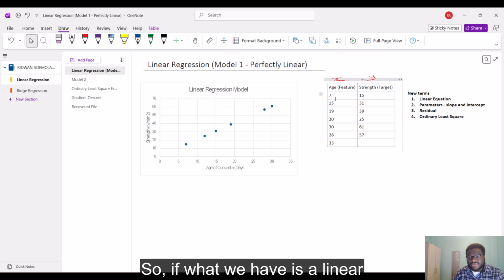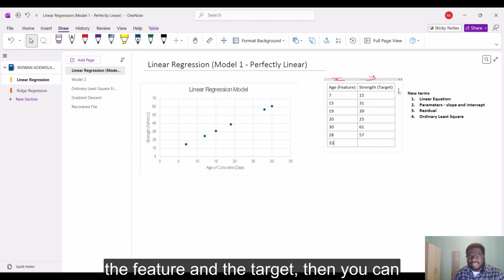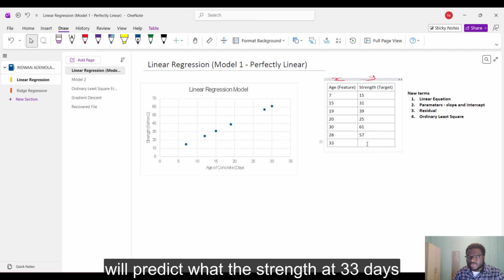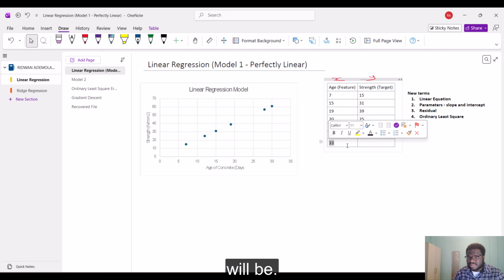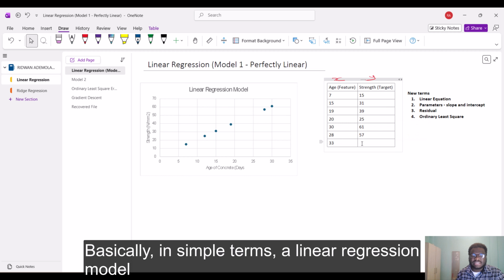If there is a linear relationship between the feature and the target, then you can simply have a linear regression model and you will predict what the strength at 33 days will be. So what is a linear regression model in simple terms?